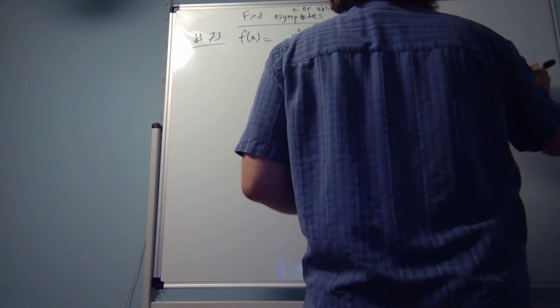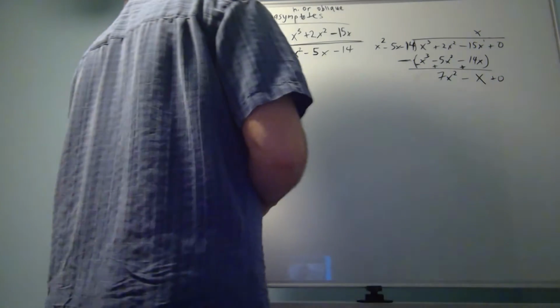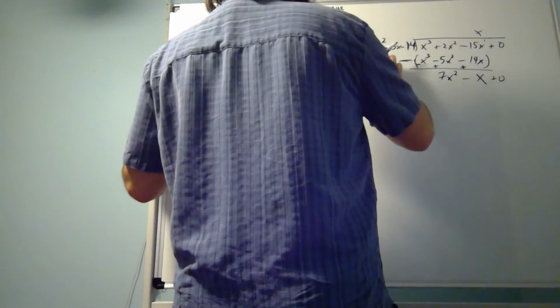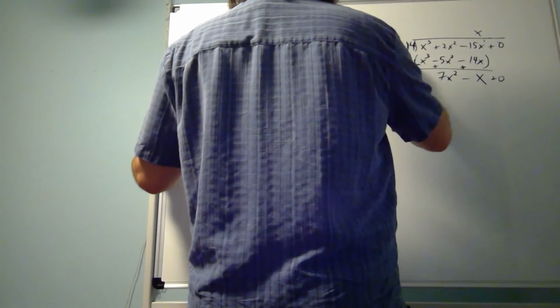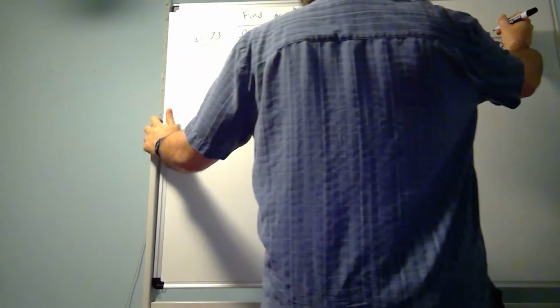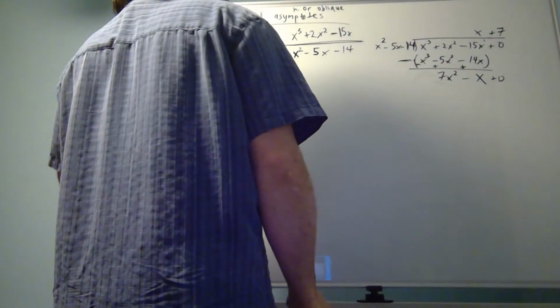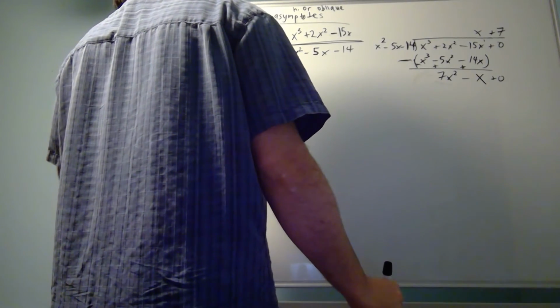And anything that has not been gotten rid of yet, I have to carry that down as well. And what do I need? I need a plus 7. Then I still need 7 of these to get rid of the 7x squared. And what do we have?